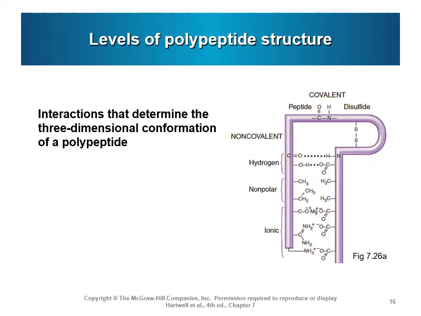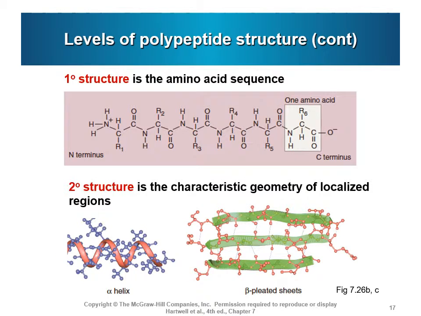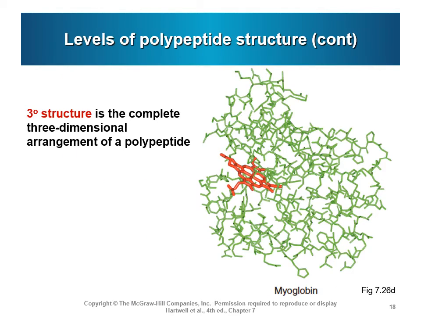Besides that, there is a secondary structure, the alpha helices and the beta pleated sheets, and we talked about all of this during our first class. After the secondary structure, there is the tertiary structure, which is basically the complete 3D arrangement of the polypeptide, where you can see how a single peptide is structured in three dimensions.